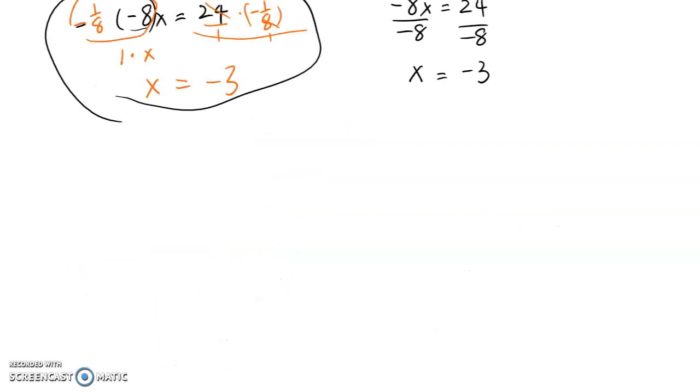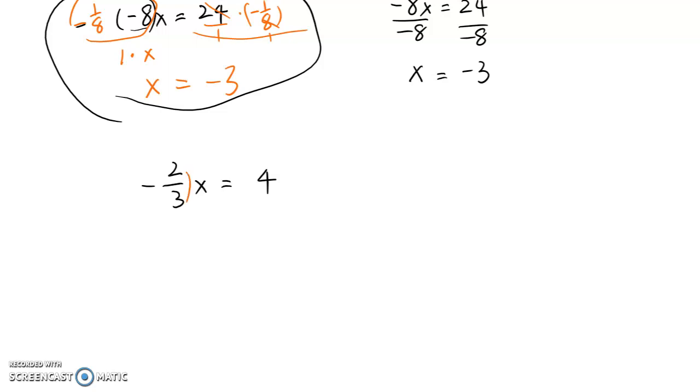Now let's look at another example. Say I have negative 2 over 3 x equals 4. I want to solve this equation. That means I want to leave x by itself. All right. So according to what we did earlier, we can divide by negative 2 over 3 on both sides. But we know dividing by a number is equivalent to multiplying by its reciprocal.